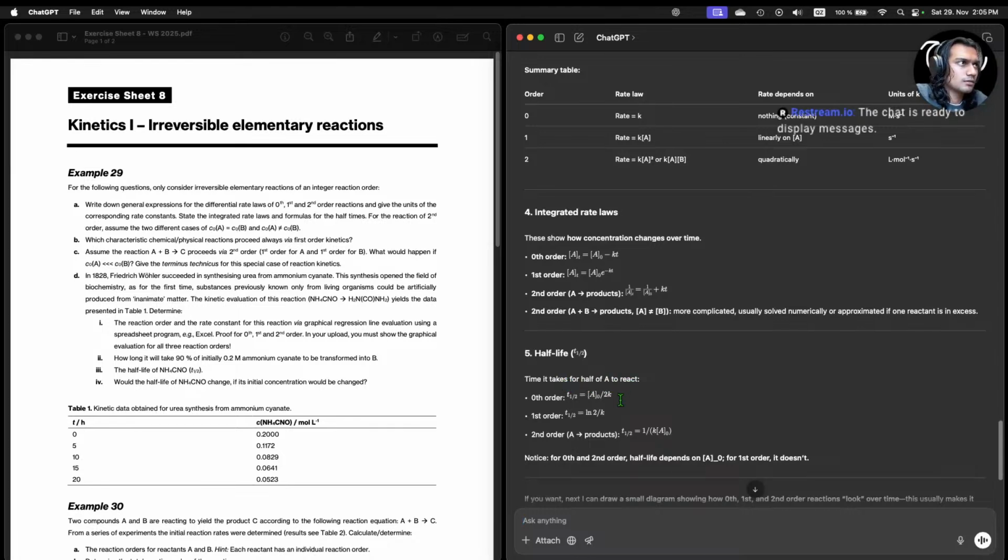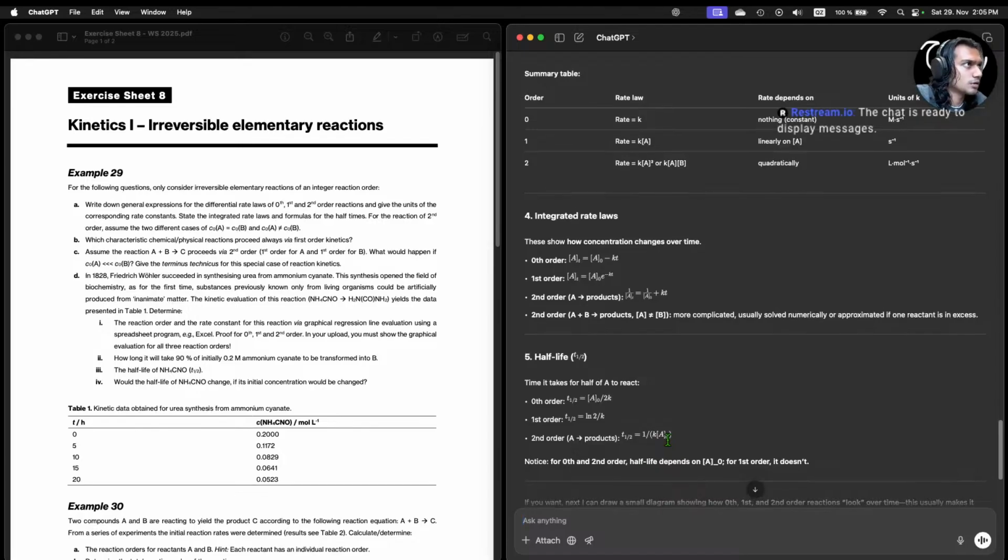For zeroth order, half-life depends on A0, the initial concentration, I believe. For first order, it doesn't.